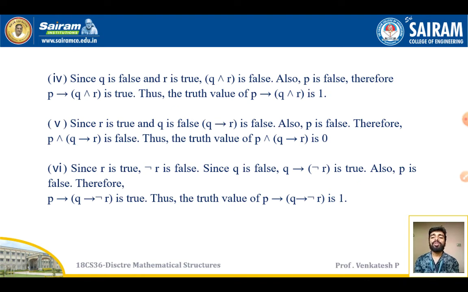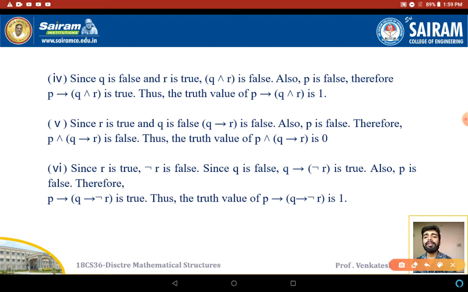Fourth one. Here I am going to prove that P implies Q and R. So here we can see that Q is false, R is true. The truth value of Q is 0 and truth value of R is 1. I am going to apply the logical connective AND in between them. So it will become a false statement.